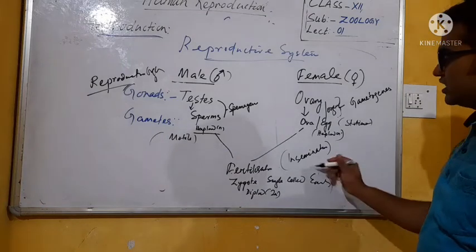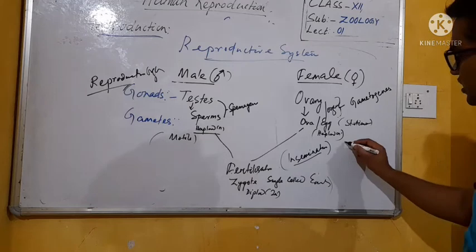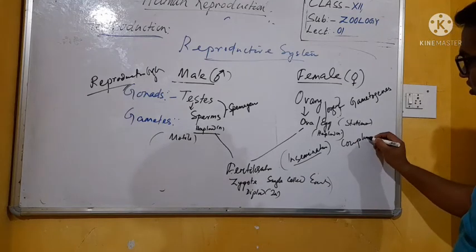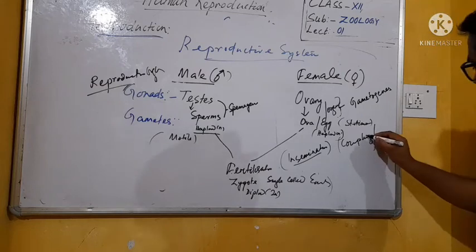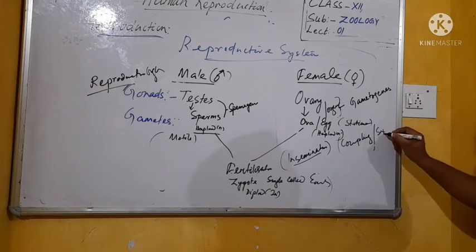In which process does insemination occur? That is known as coupling, or you can say sexual intercourse.